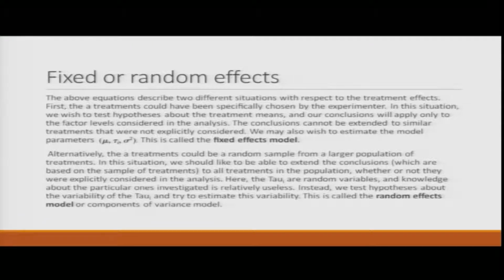We may also wish to estimate the model parameters, which are now mean mu only, without the suffix, which is the average of the average. The word I am using in a very layman sense, but it will become clear to you later on. One would be tau i, that is the fluctuations with respect to the mean of the mean, such that we can find out the means for each and every experiment or treatment, which is mu suffix i.